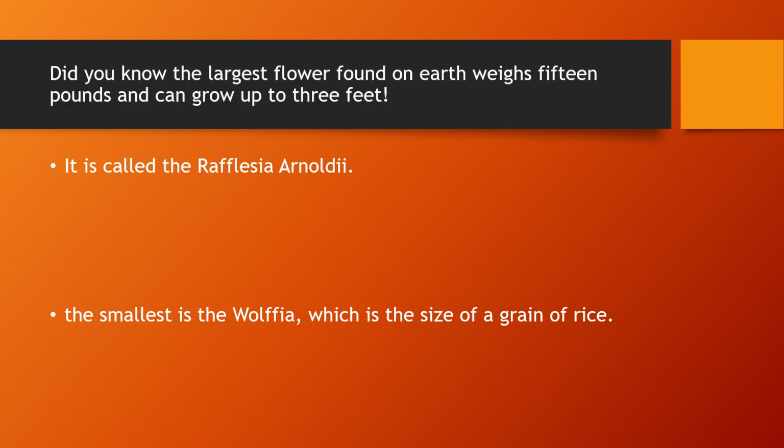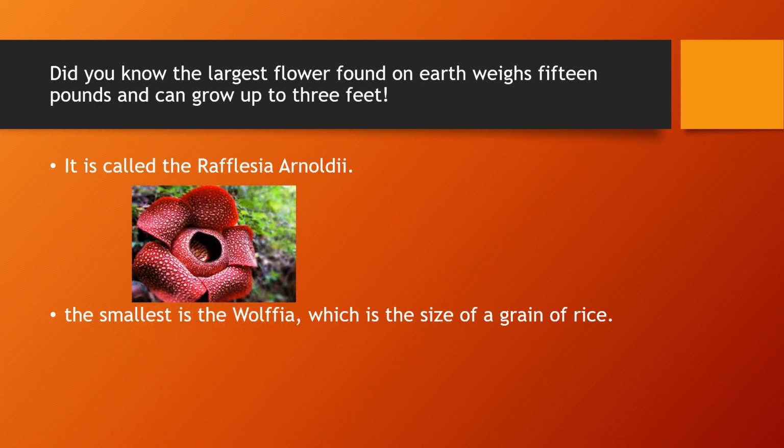Did you know the largest flower found on earth weighs 15 pounds and can grow up to 3 feet? It is called Rafflesia arnoldii. You can see this picture, and this flower's name is Rafflesia arnoldii.